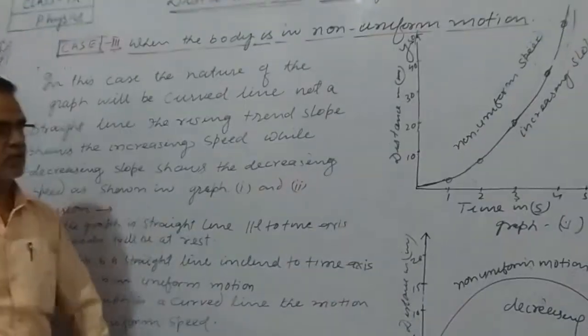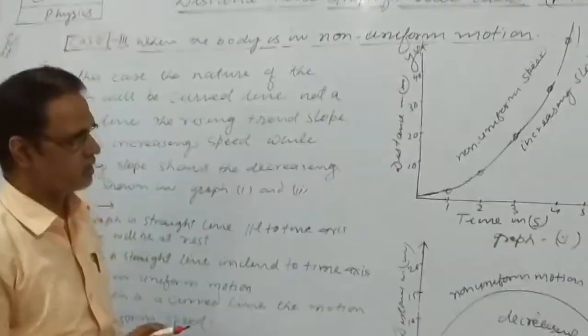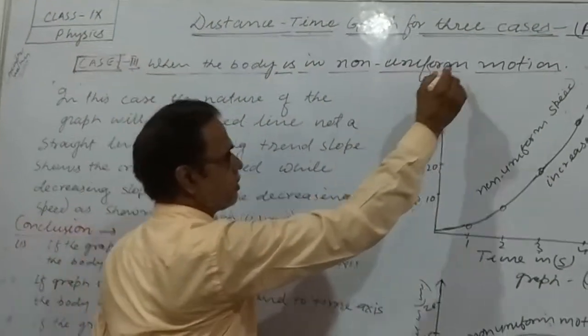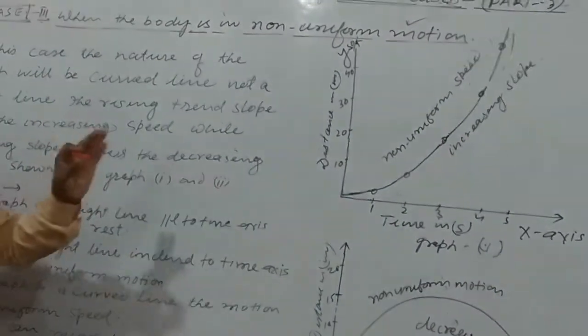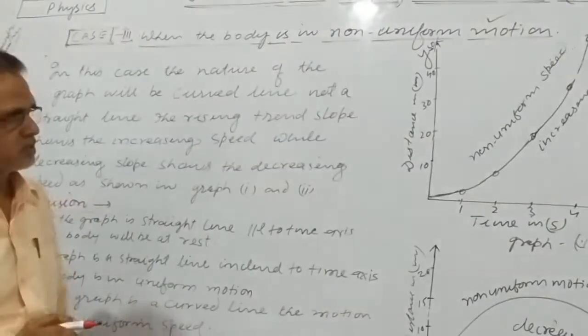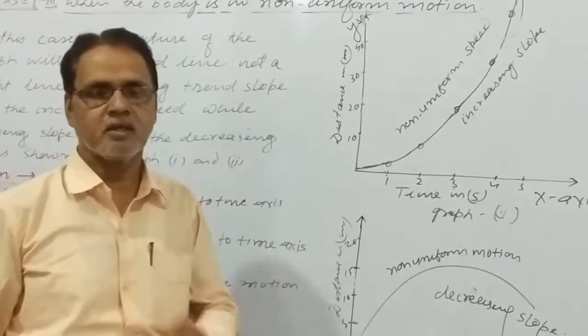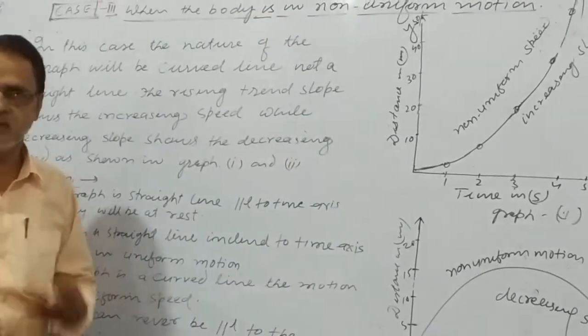Now, dear students, now I am going to describe the third case when the body is in non-uniform motion. Uniform motion का ग्राफ होता है कि when the graph shows a straight line, then that is uniform motion.